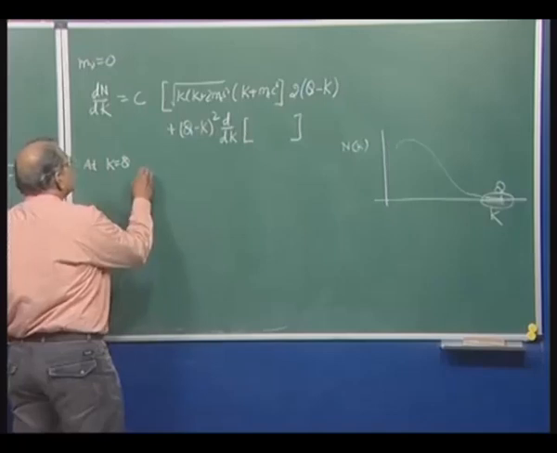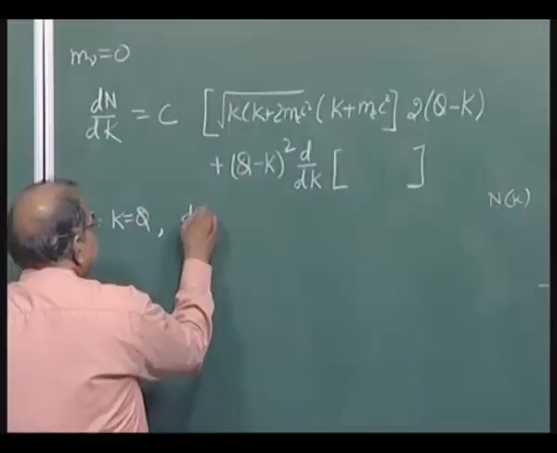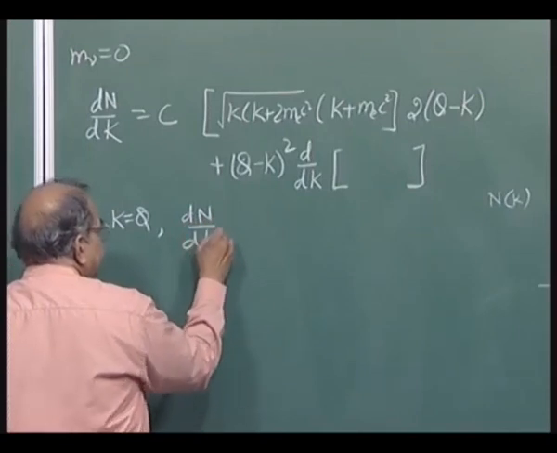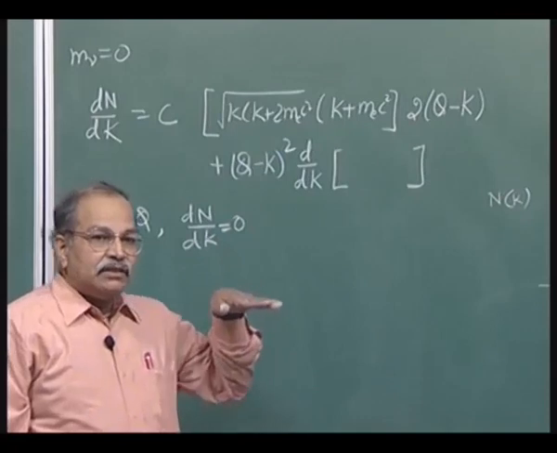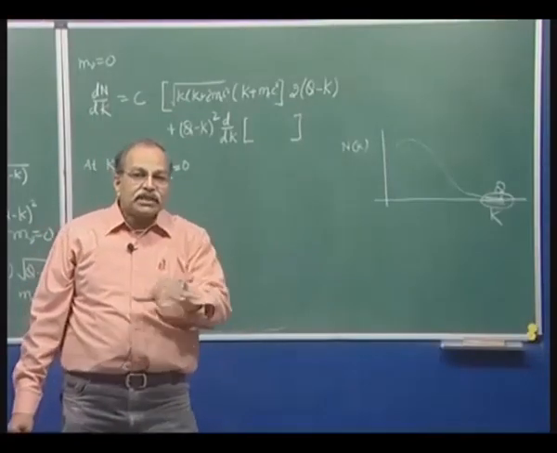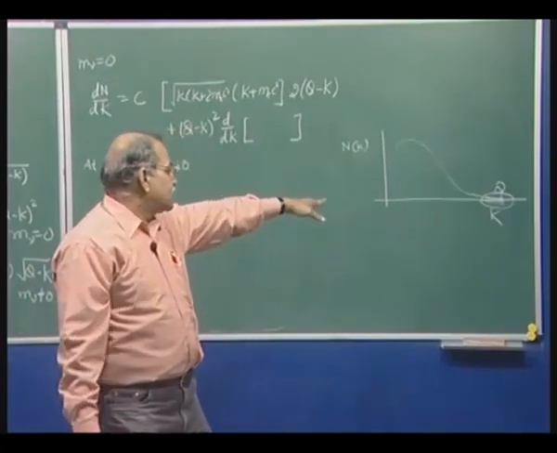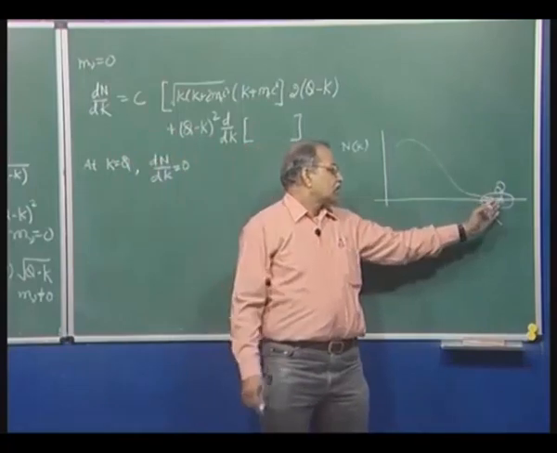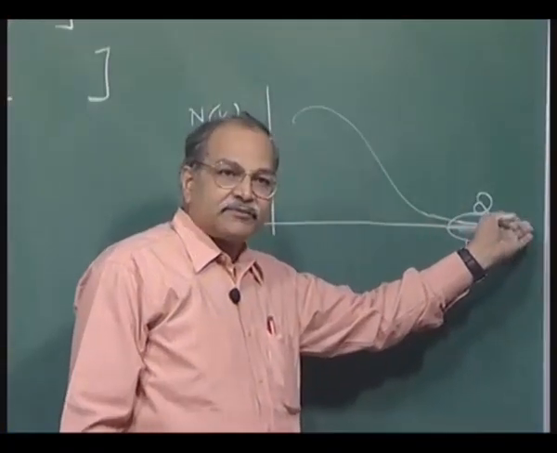So, this whole thing goes to 0 at K equal to Q, so dN/dK is 0. What does that mean? That means the n(K) curve approaches this K axis tangentially, like the one which is plotted here, roughly sketched. So, it is approaching it horizontally.